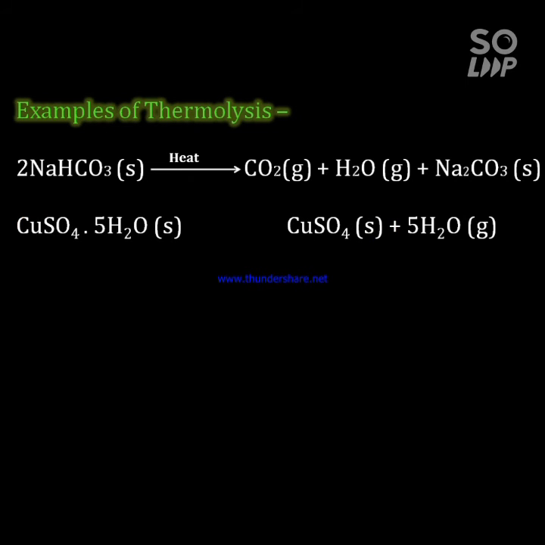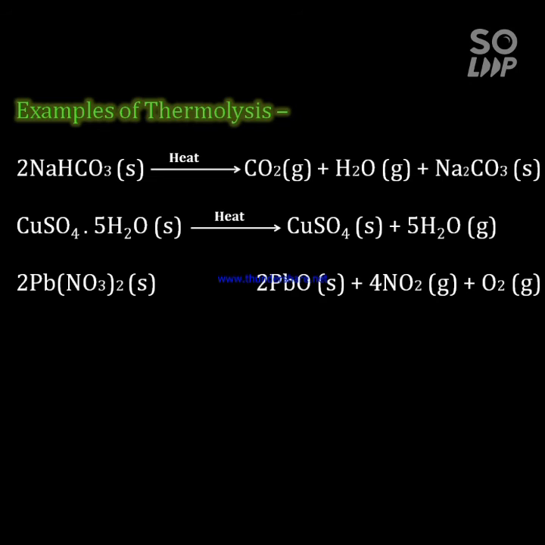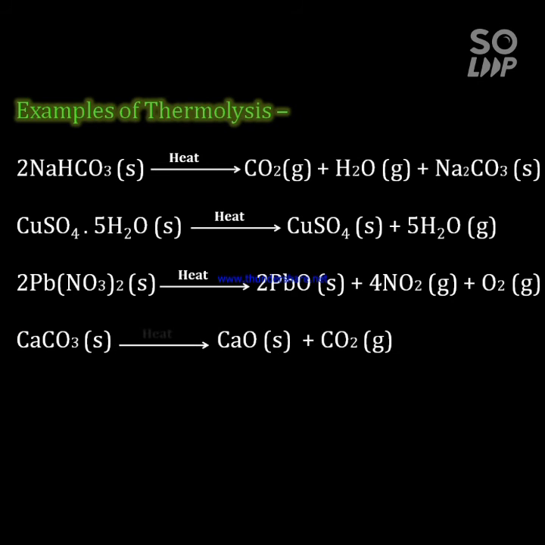Copper sulfate, having 5 molecules of water known as water of crystallization, when heated, forms anhydrous copper sulfate and water evaporates as vapor. When lead nitrate is heated, it decomposes into lead oxide, nitrogen dioxide, and oxygen gas. When calcium carbonate is heated, it gives calcium oxide and carbon dioxide gas.